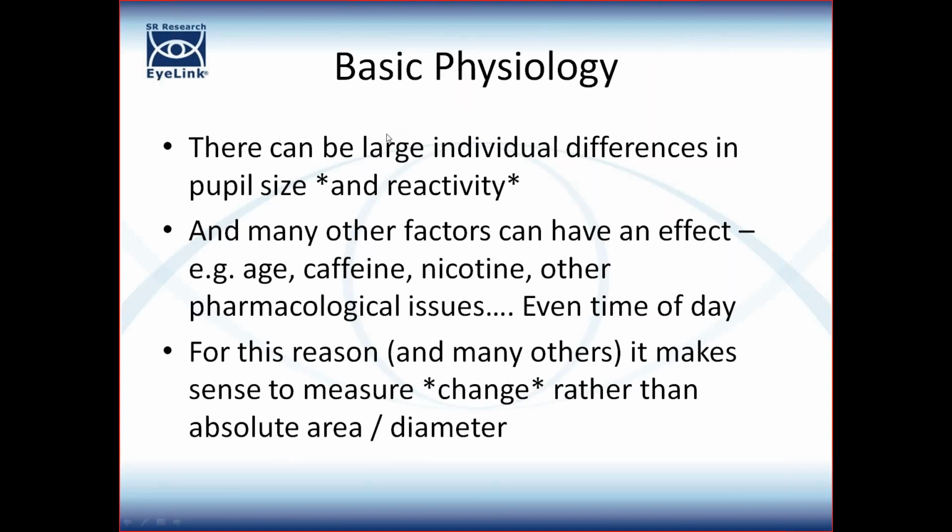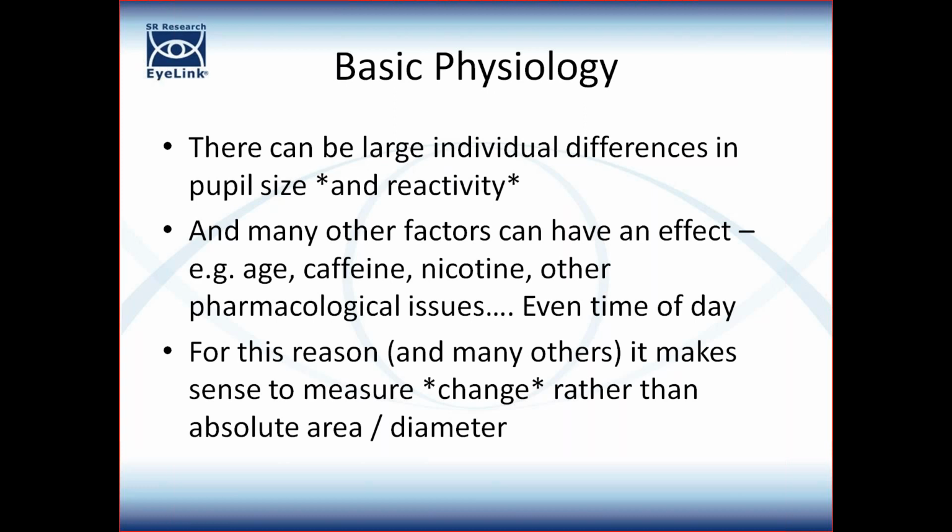The last points I want to make on basic physiology are individual differences. People will come into an experiment with very, very different baseline pupil sizes. The implications for this, as we will discuss later on, are that you don't really need or want to be reporting absolute pupil values.